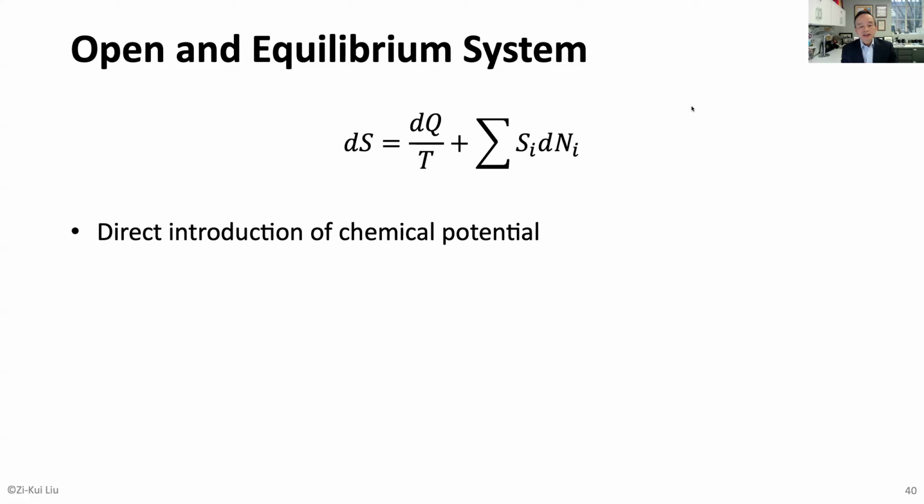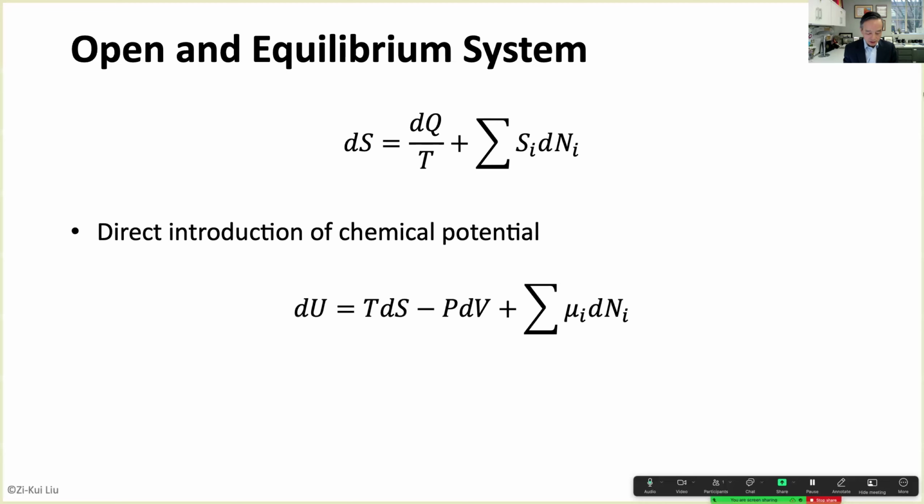So Gibbs introduced a new concept called chemical potential. He showed that because the mass added must have energy, he added another term, the chemical potential. So that's the direct introduction.